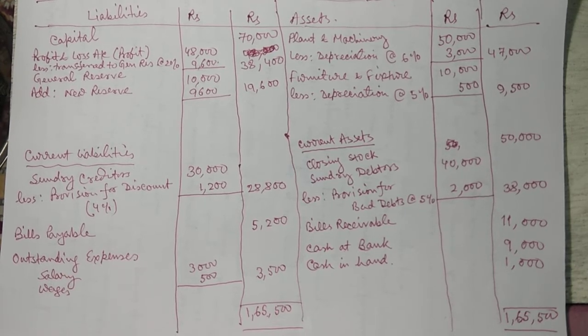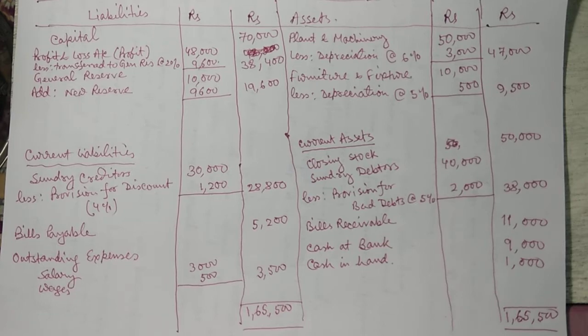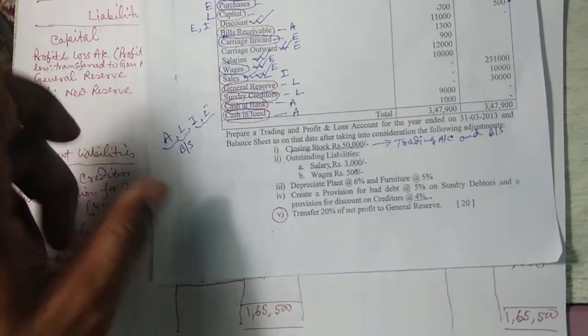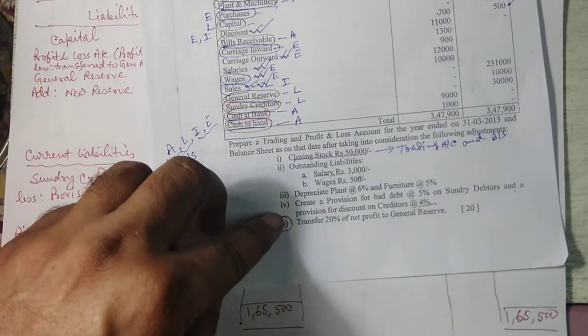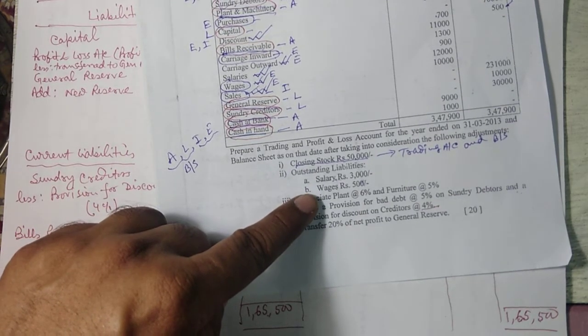So, while preparing balance sheet or profit and loss account or trading account, we should at first go through the items which are given in the additional entries. For this problem, there are these additional entries: outstanding liabilities, salary and wages outstanding.